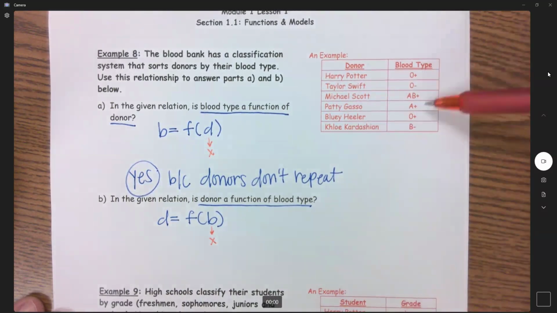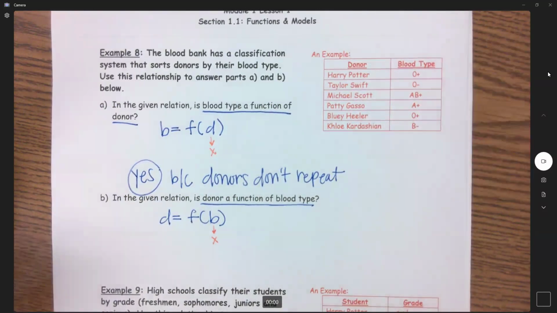Well, you can see here we already have a repeat of O positives, but yeah, there's only so many different blood types. So we're going to start repeating here.